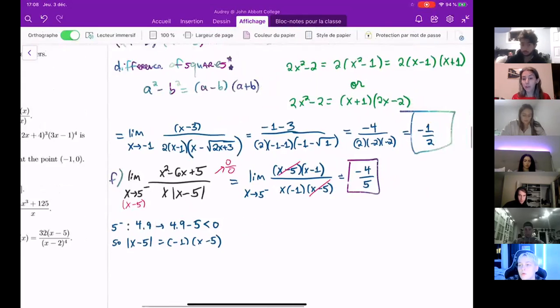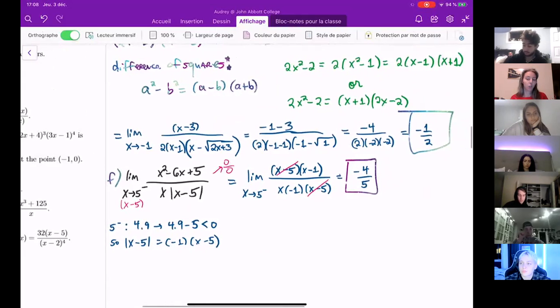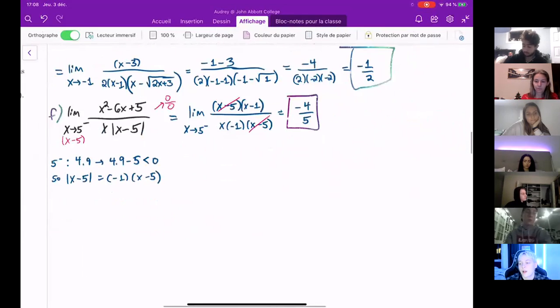There are a couple things that didn't show up that we learned, and those are largely involving factoring cubics. Do you guys remember some formulas for cubics that we learned?